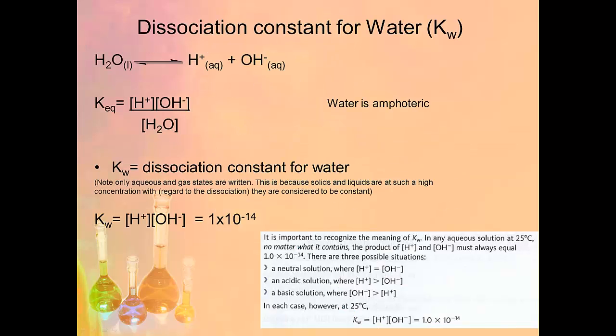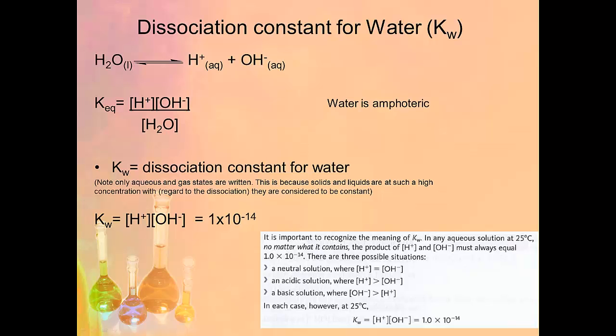Something that's useful to look at now is the dissociation constant for water, or Kw. So we had a look at K values earlier on. Water itself is amphoteric, so it can dissociate and form both an acid, H+, and a base, OH-, the hydrogen ion and the hydroxide ion.